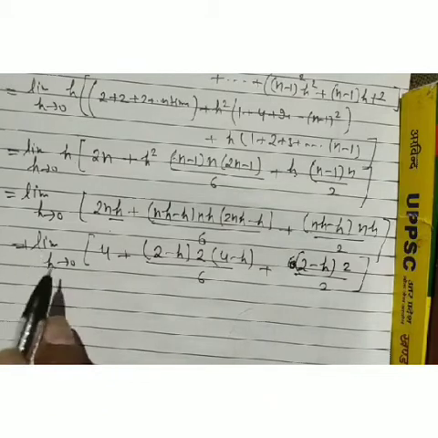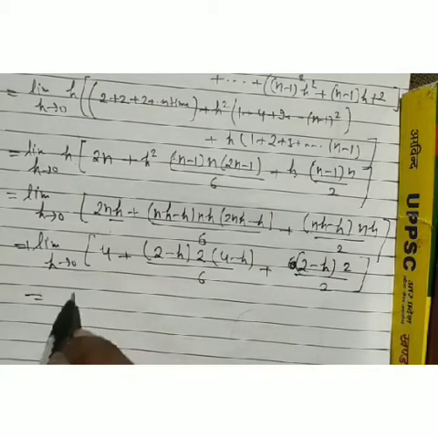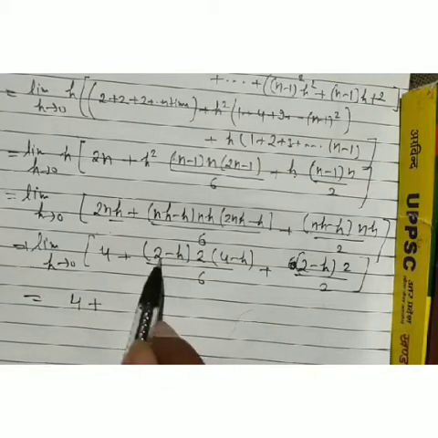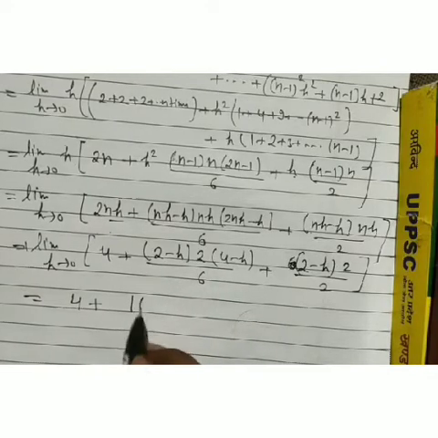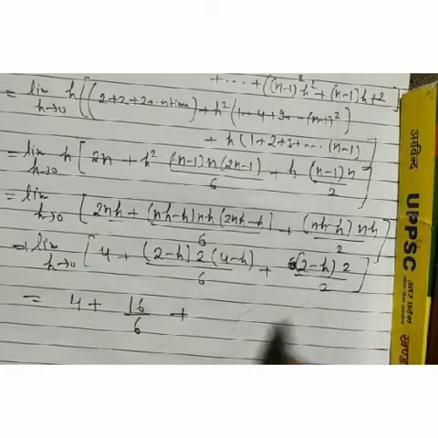Now when h tends to 0, what do we have? We have here 4. Here we have 0, then 2 into 4, 4 fours are 16. We get 16 by 6 here. Then h tends to 0, then this 2 into 4 by 2, we have only 2 there.